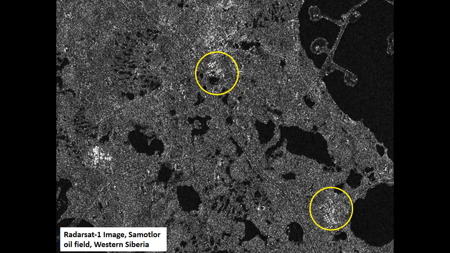So you could see here these metallic installations on the ground, the brightest white color, and water usually does not reflect radio waves very well, and so you could see lakes here as practically black spots.